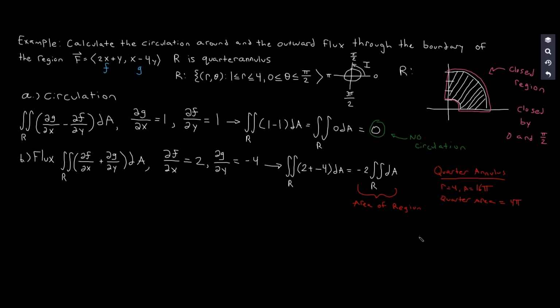Because we're looking at a situation where we got a little circle which is marked at lowercase r equals 1, and then lowercase r equals 4, but we're not looking at this, we're looking at this area here in quadrant 1. This is the region that we're interested in.